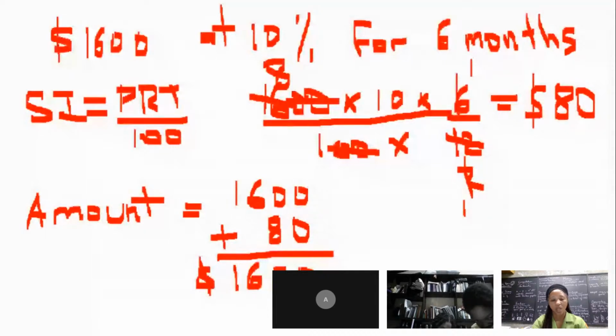Miss, we would divide the total amount by 12 since there are 12 months in a year. Well, it depends on how many years. Right? All right, yeah.